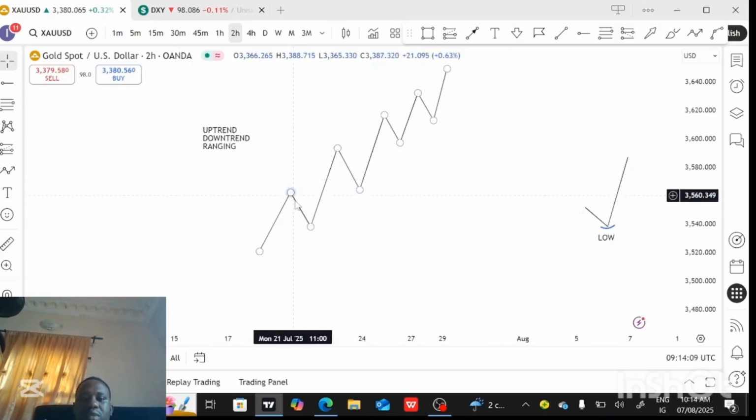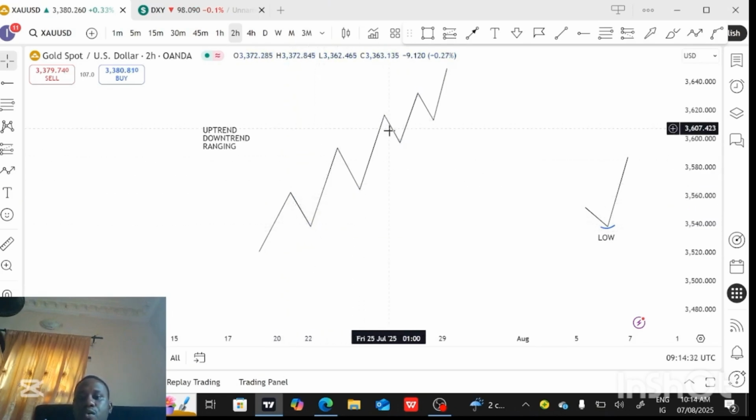The pullback happens just for price to gain enough momentum to move to the other side. While the pullback happens, the correction is also happening at the same time. So that's why we have something like this: correction, correction, correction, but price is still moving towards the other side.